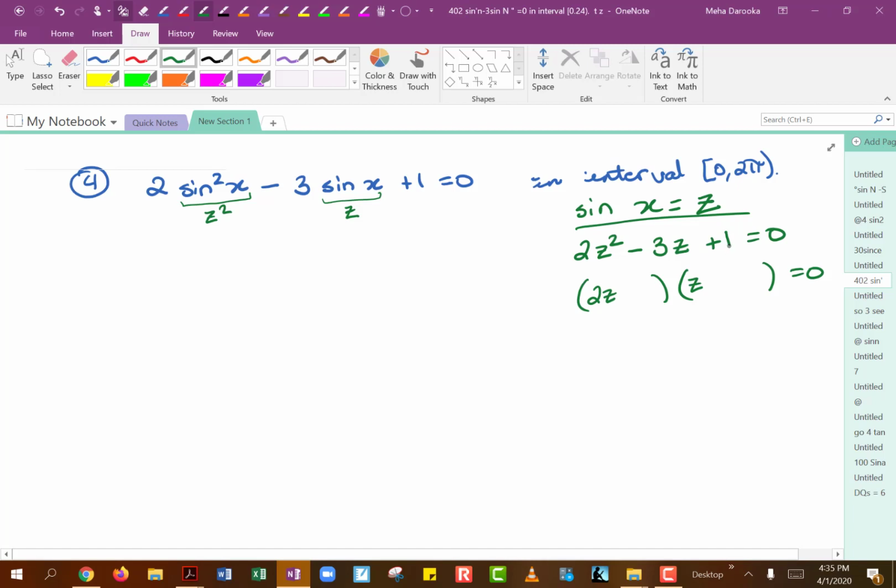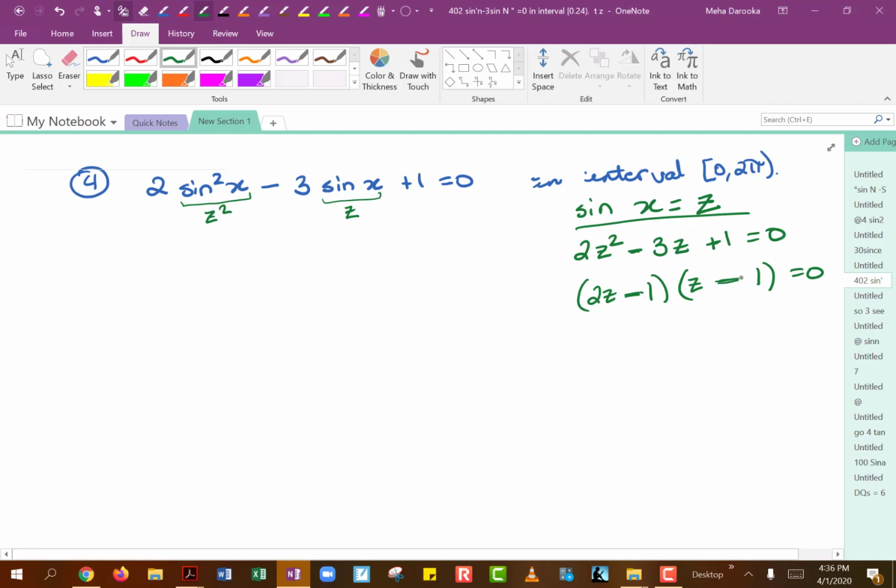Then your constant term 1 will break down into 1 and 1, right? Now you will notice how we have a minus sign in the middle term for the 3z, but we have a plus sign for the constant term, the plus 1. So since I have a minus in the middle and a plus on my constant term, that tells me both my factors are actually going to have a negative sign in there.